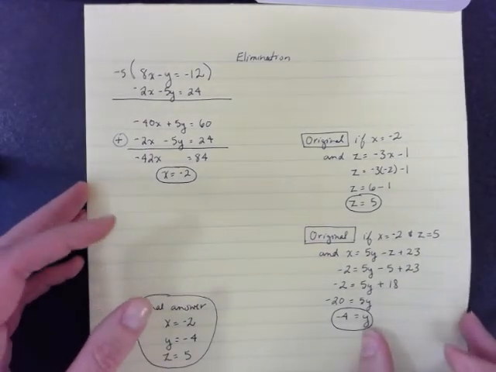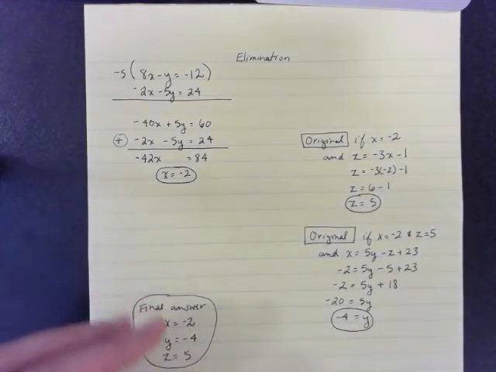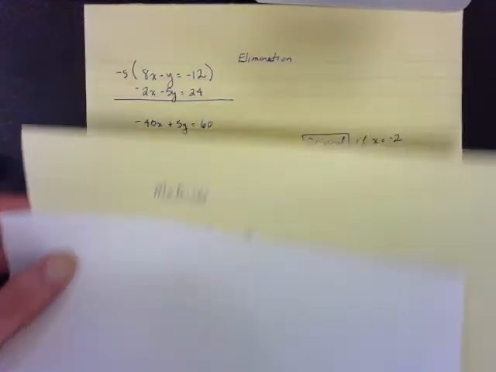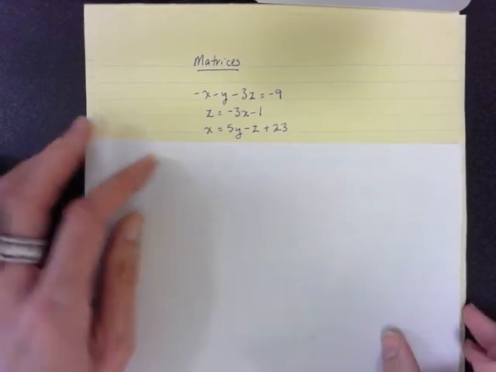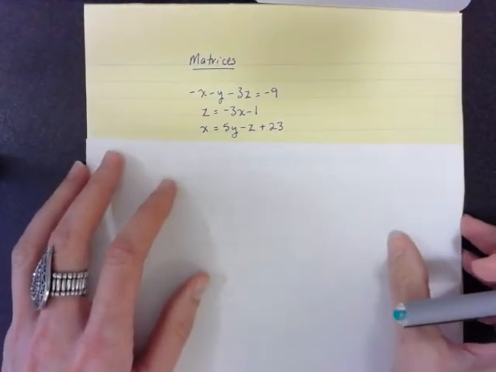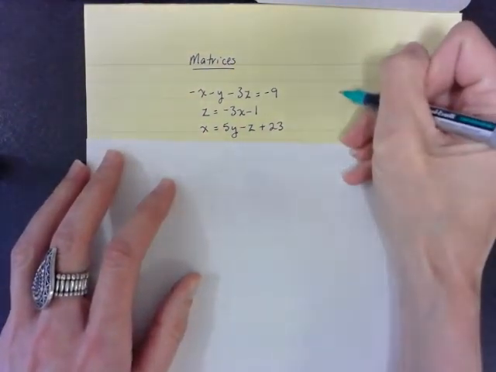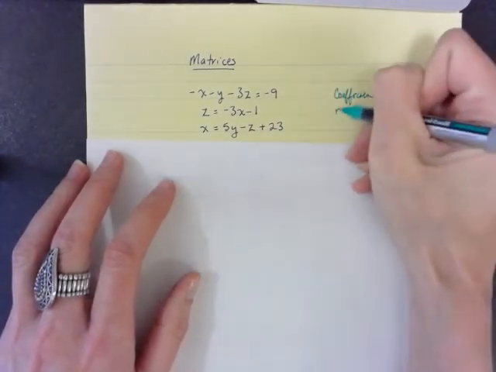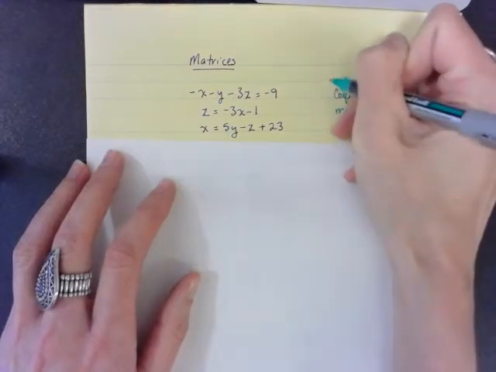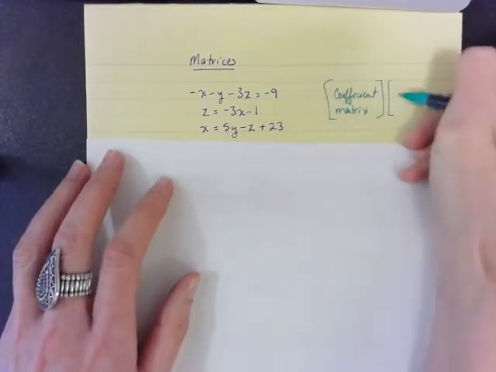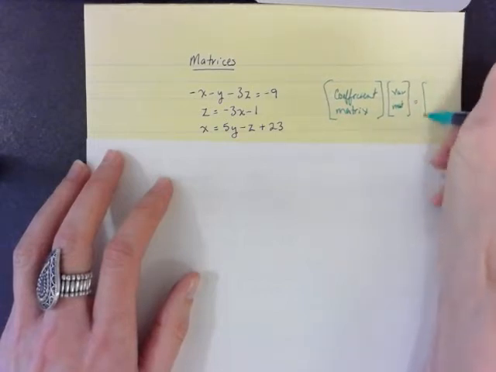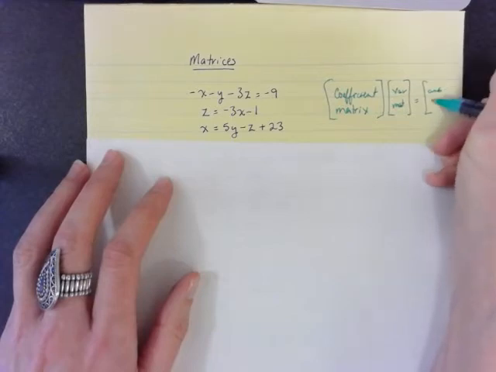Now, last, and I know this is a long video, now we're going to do matrices. The difficulty with doing this with matrices is that they're not in any kind of order that I can make a coefficient matrix, a variable matrix, and an answer matrix, or a constant matrix.